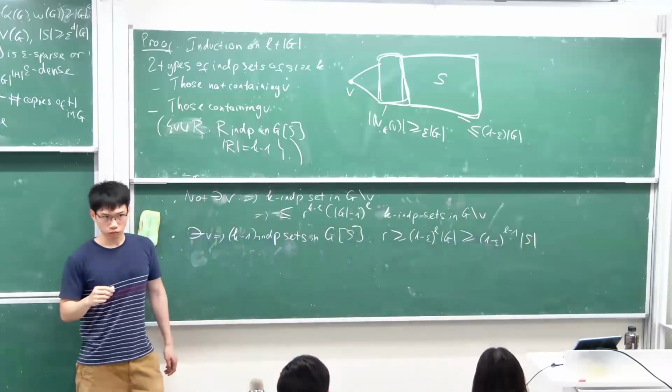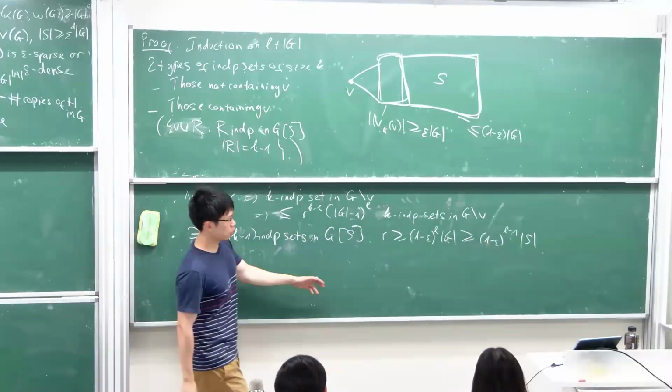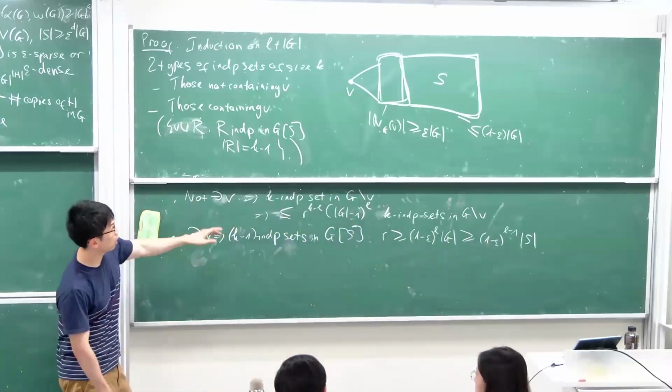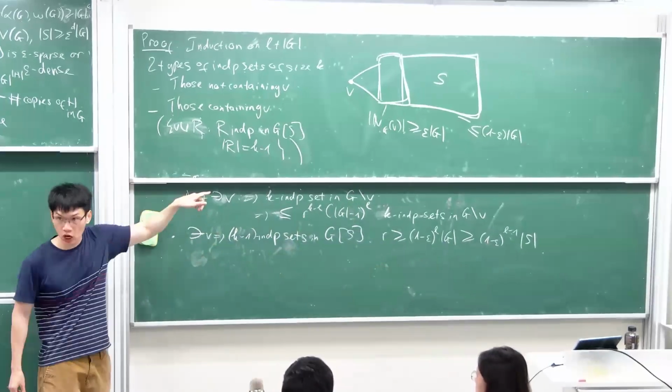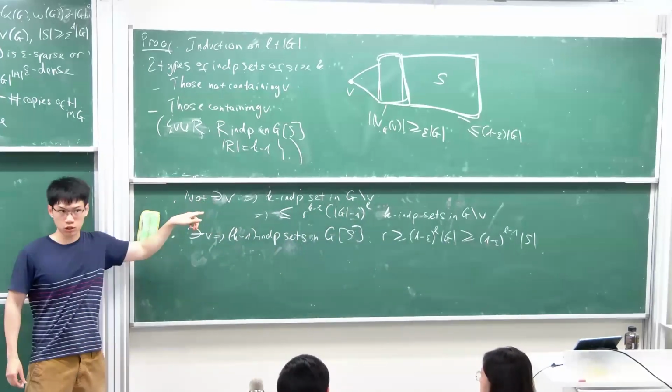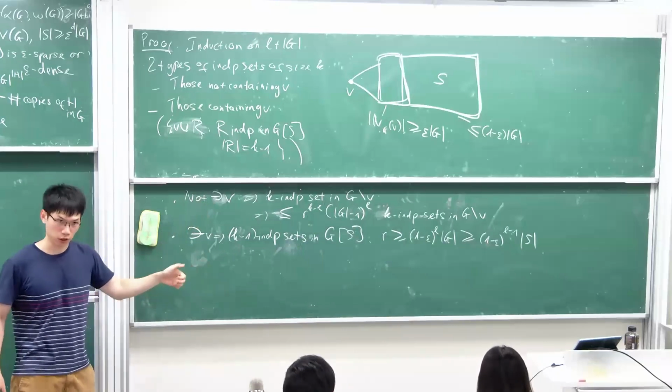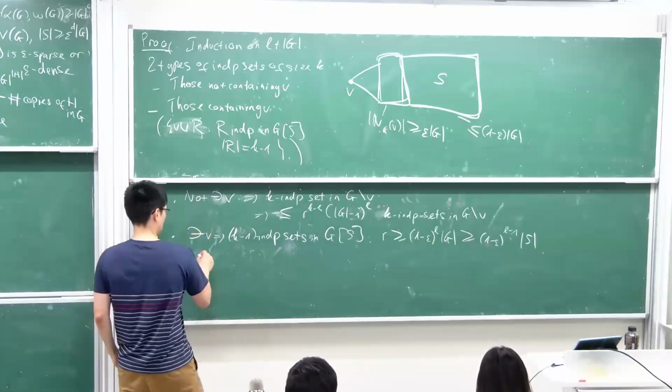Right. So now in this way we can apply induction with L and K replaced by L minus 1 and K minus 1. The point here is now we are doing induction, so we may assume that L is at least one, right? So now induction.